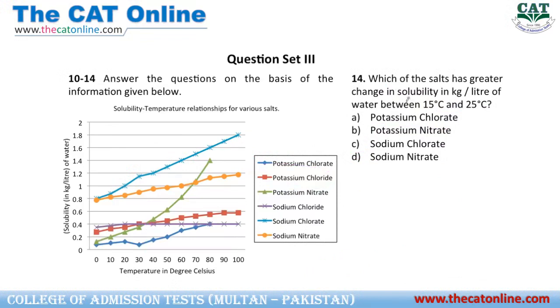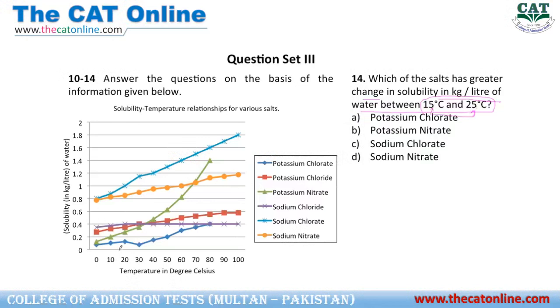Which of the salts has greater change in solubility in kgs per liter of water between 15 degrees and 25 degrees? So now this is nothing but a mere observation. The steeper the slope of a salt between these two temperatures, the higher is the change in its solubility.